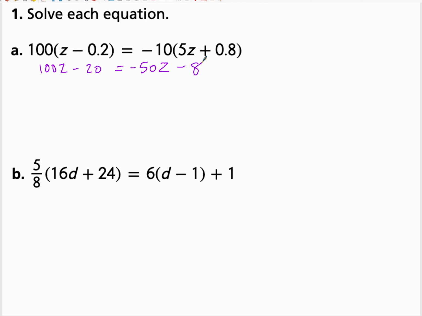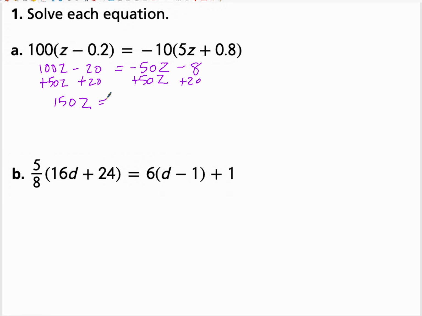So I can either subtract 100z or add 50z. I'm going to add 50z. I'd rather add than subtract. So add 50z. And then I need to add 20. Add 20. So 100 plus 50 is 150z.